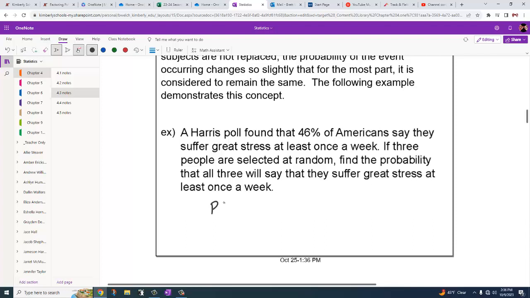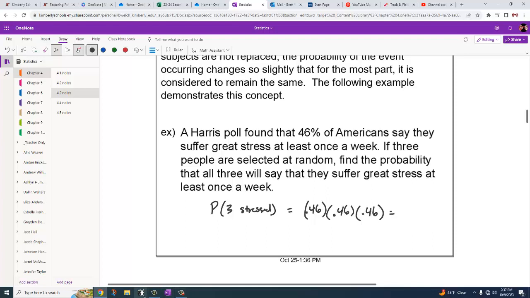And so the probability of 3 stressed out people is the probability of one person being stressed times the probability of the next person times the probability of the next person, which will be 0.46 for the first person times 0.46 for the second person times 0.46 for the third person.